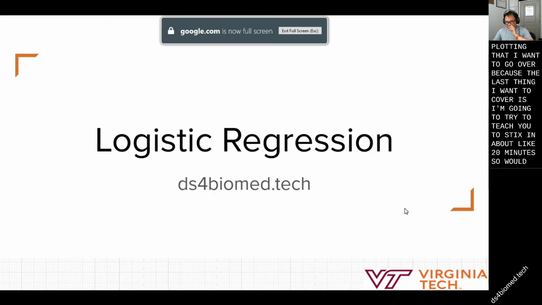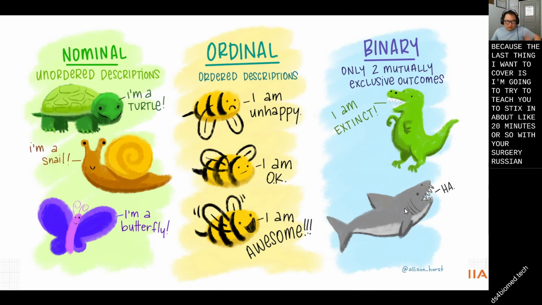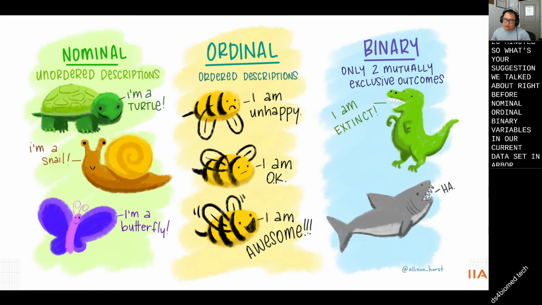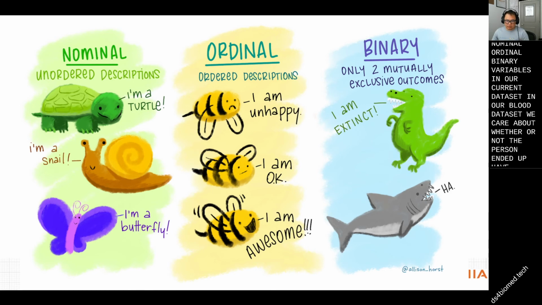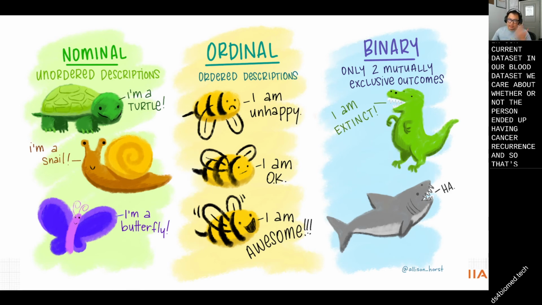So logistic regression. We talked about nominal, ordinal, and binary variables right before. In our blood data set, we care about whether or not the person ended up having a cancer recurrence. And so that's a yes or no question.